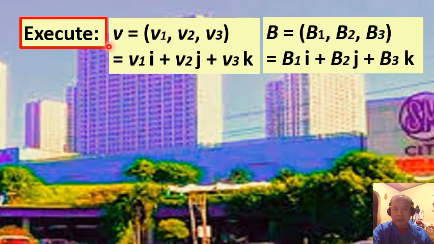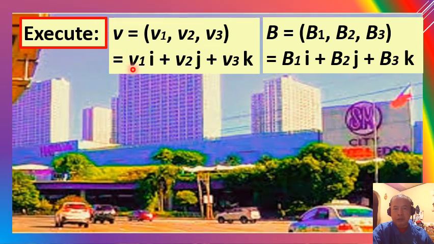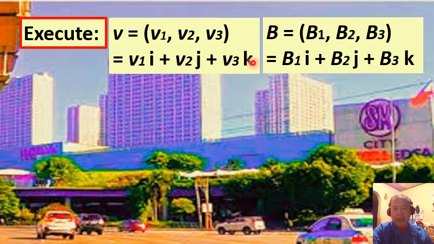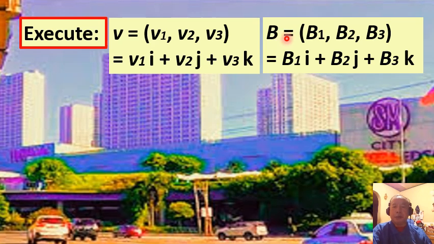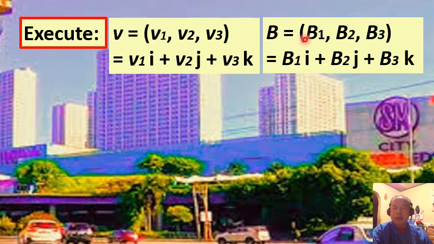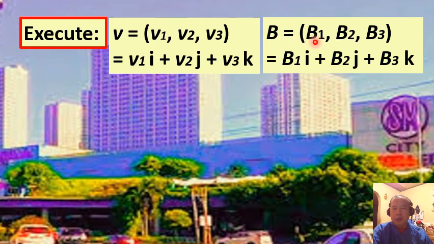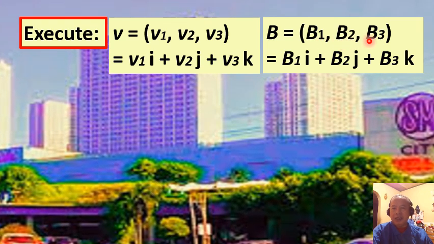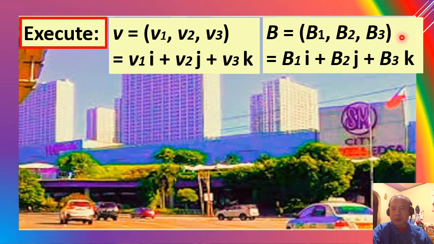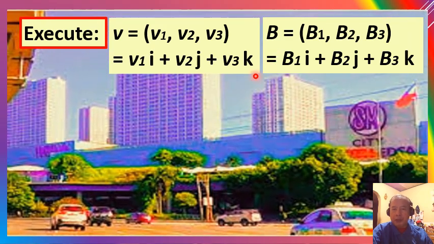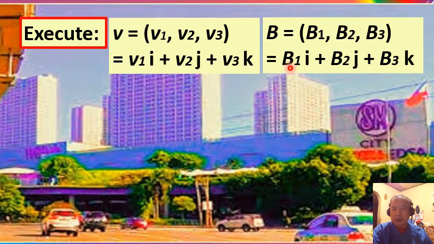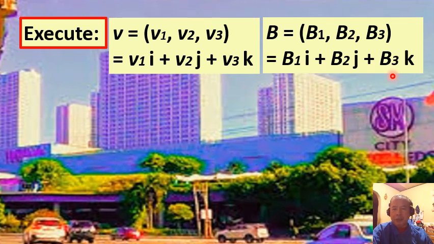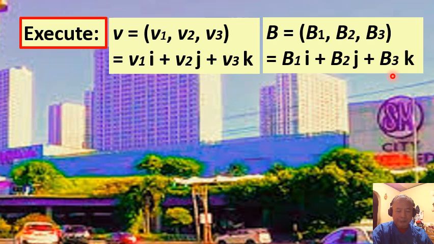That is, velocity vector v is equal to v1 i plus v2 j plus v3 k. And the magnetic field vector capital B is expressed in terms of b1, b2, and b3 for the x, y, and z components respectively. So the magnetic field vector capital B is equal to b1 i plus b2 j plus b3 k.